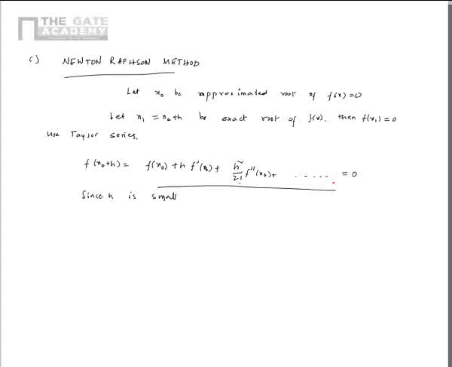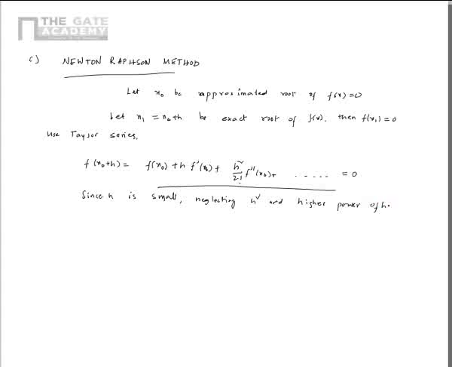But that's not the case because it's very difficult to calculate h from this equation because it has a lot of powers, okay, and infinite terms. So what we do is we make an approximation that h is small, so we neglect h square and higher powers of h.